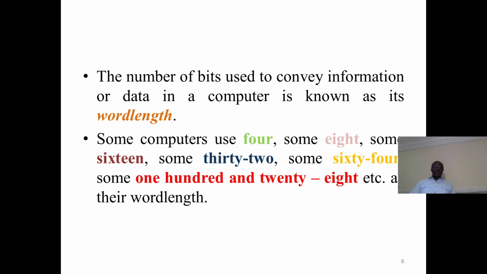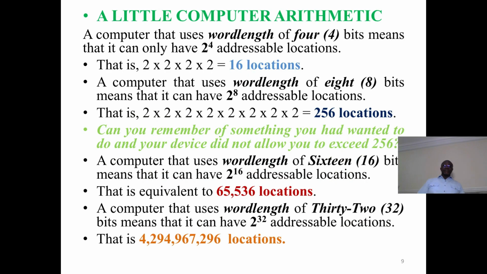The number of bits used to convey information or data in a computer is known as its word length. Some computers use 4, some use 8 bits, some 16 bits, some 32, some 64, some 128, and so on as their word length.